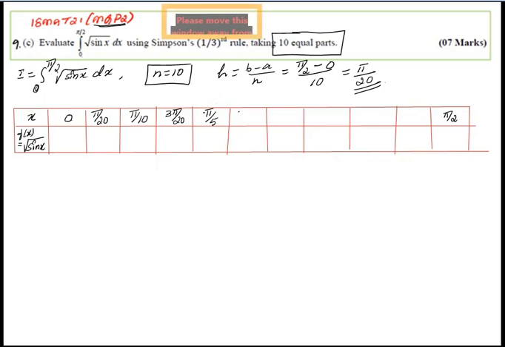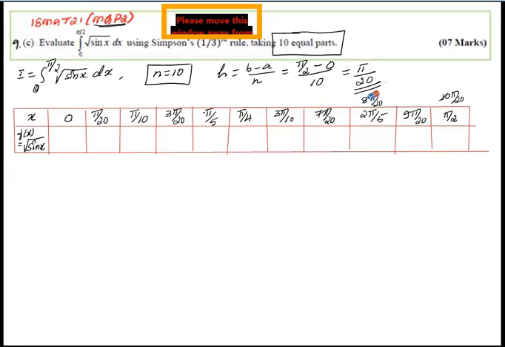Next, 5 times pi by 20, you will get pi by 4. 6 times pi by 20, that will be 3 pi by 10. 7 times pi by 20. Next, 8 times pi by 20, that is 2 pi by 5. 9 times pi by 20, and 10 times pi by 20, that gives you pi by 2.